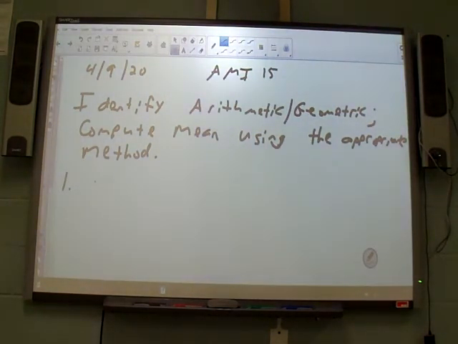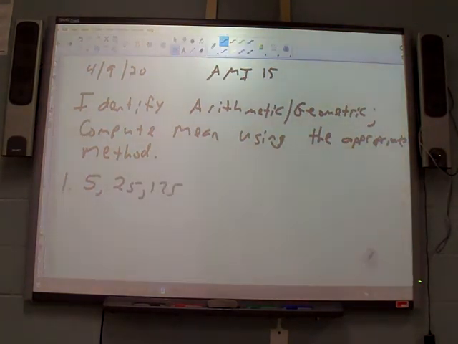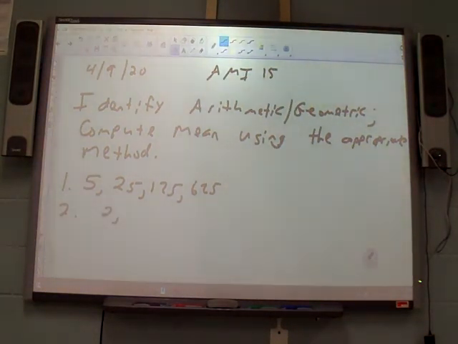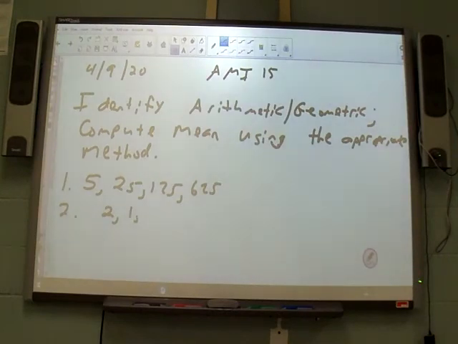Number 1: 5, 25, 125, 625. Number 2: 2, 1, 1/2, 1/4, 1/8, 1/16.